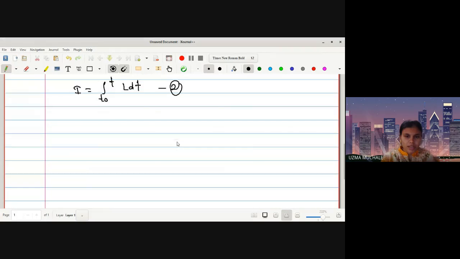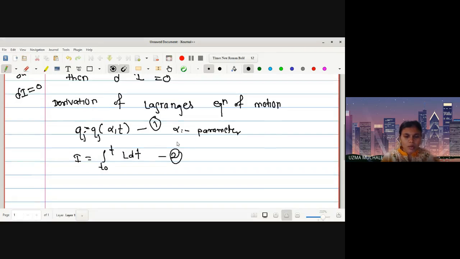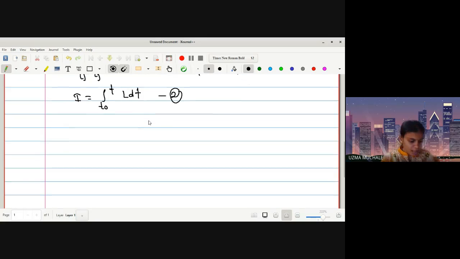So this is the situation given to us. Out of all those paths from point P to Q, we name it qj of alpha of t, where alpha is a parameter, and for each alpha we get a different path from P to Q. Okay. So now, L is the Lagrangian in our equation 2.